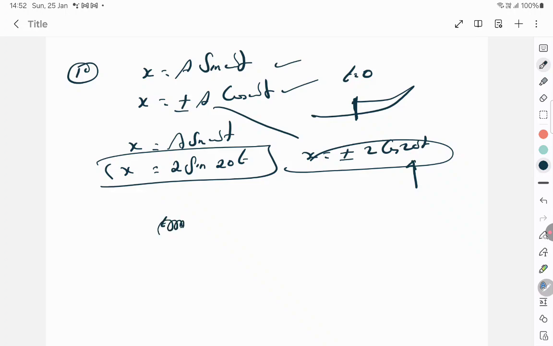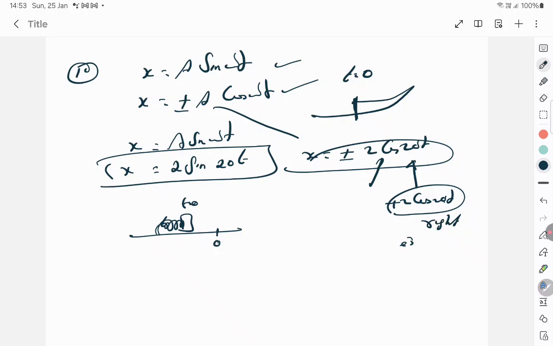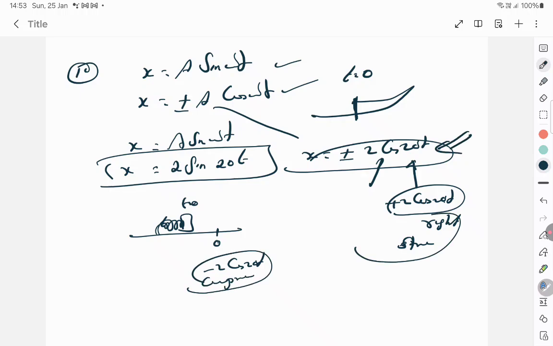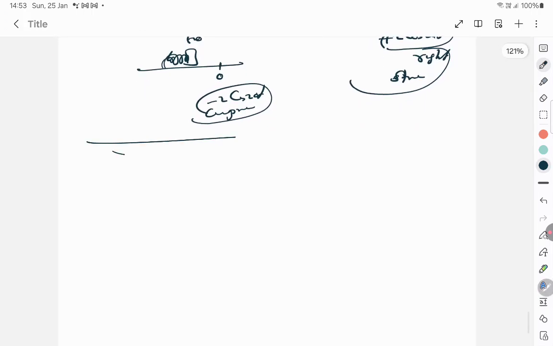Listen, this plus or minus: plus 2 cos 20t is for the right extreme position, which is the stretched position, and minus 2 cos 20t is for the compressed position. So we've answered both of these in this question itself. The plus stands for the stretched and the minus stands for the compressed position. Okay, so that completes this question.